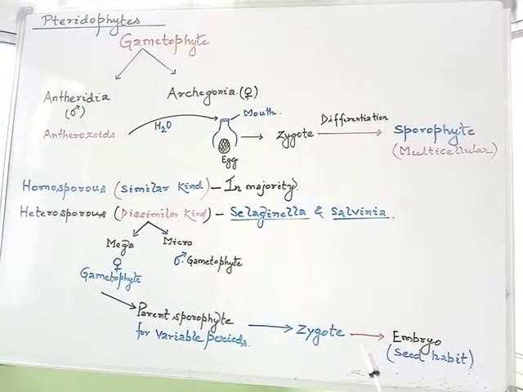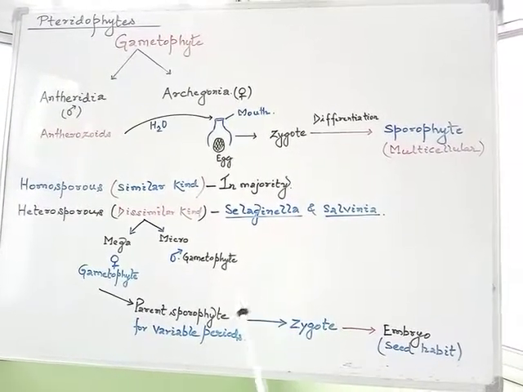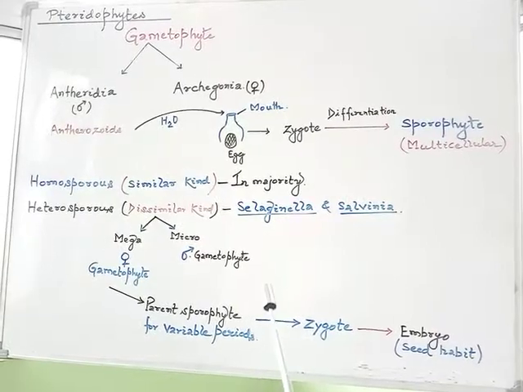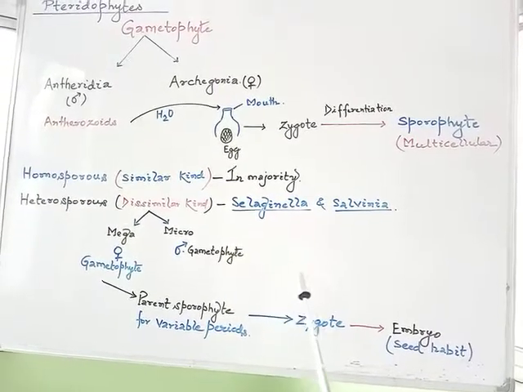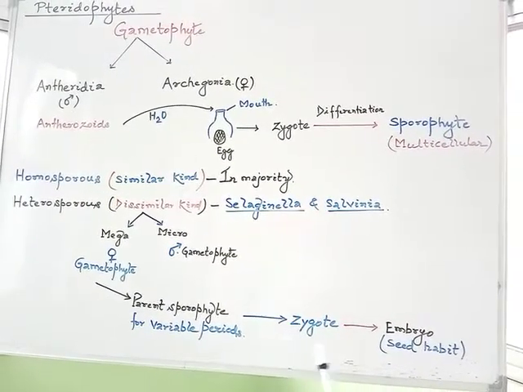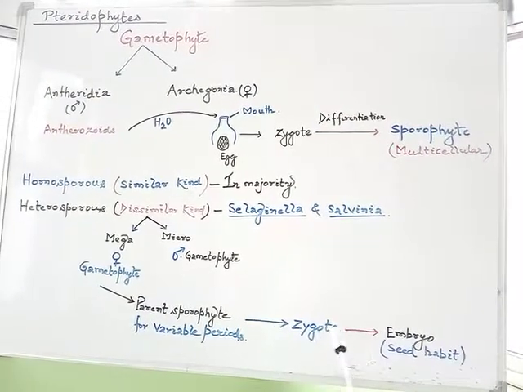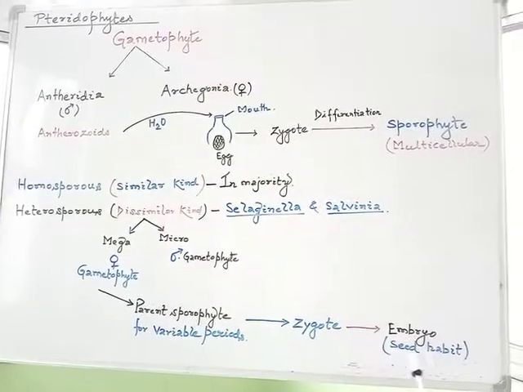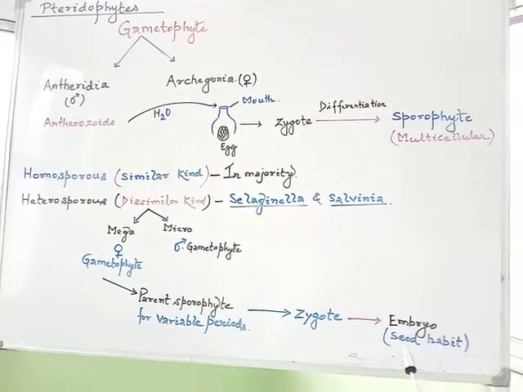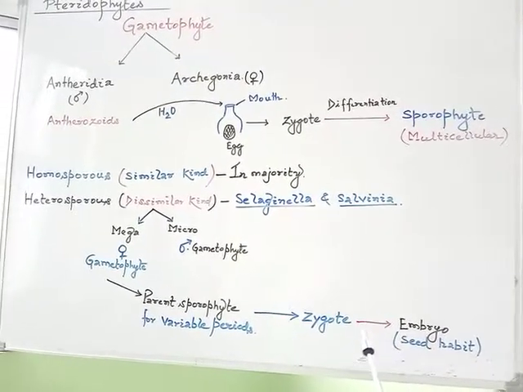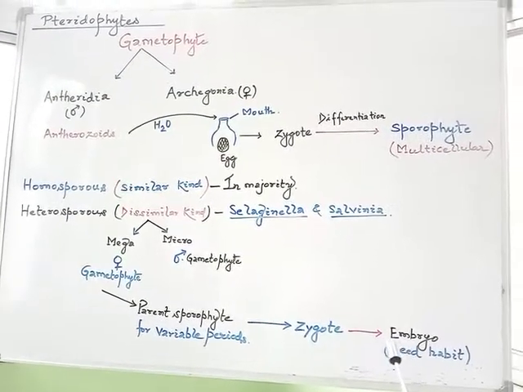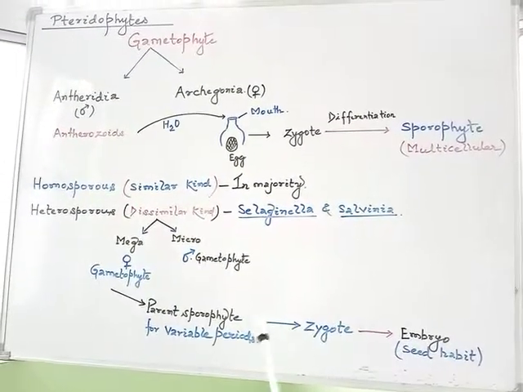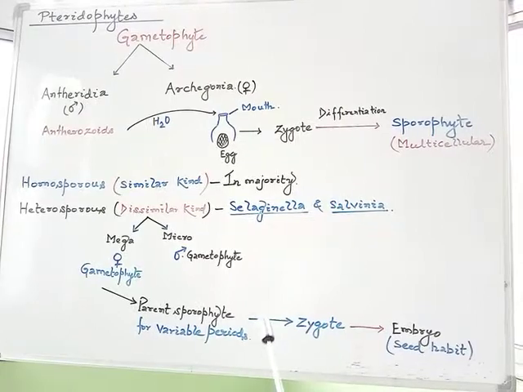As we will discuss in the coming groups, the gymnosperms and angiosperms bear seeds. So within the pteridophytes, this particular event shows the precursor to the seed habit, which helps to form the embryo within the female gametophytic body.